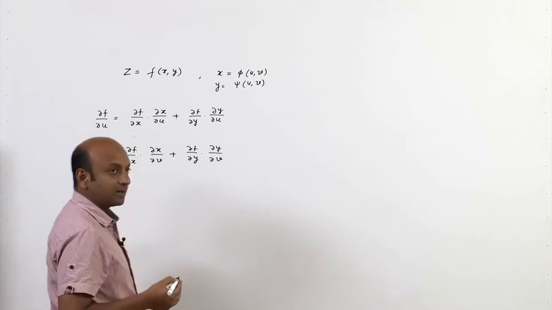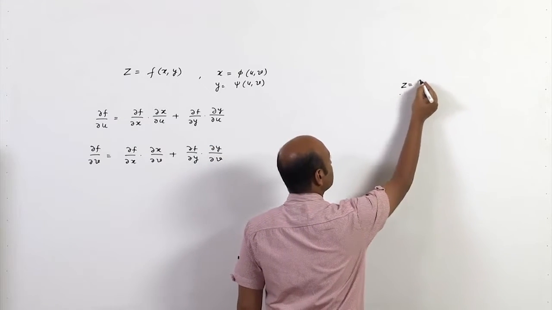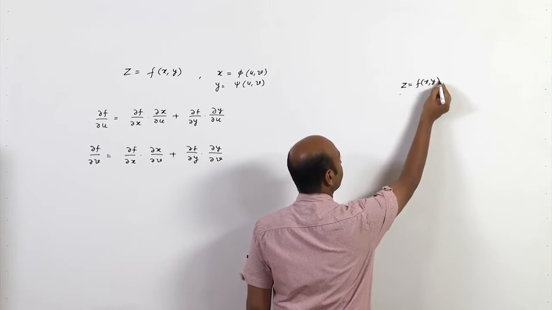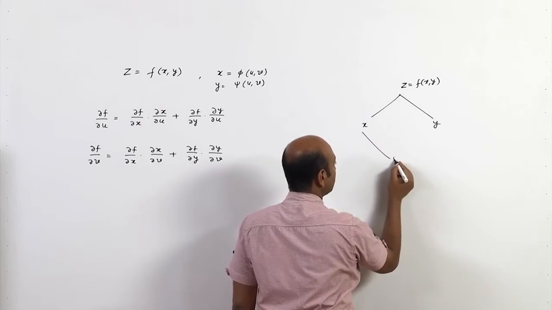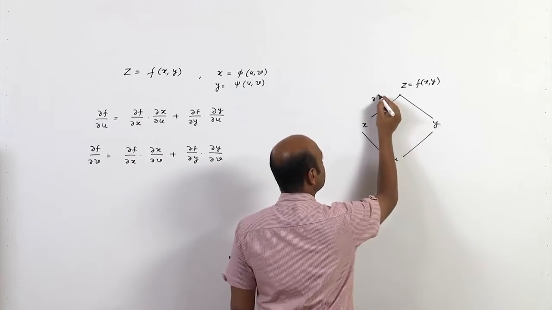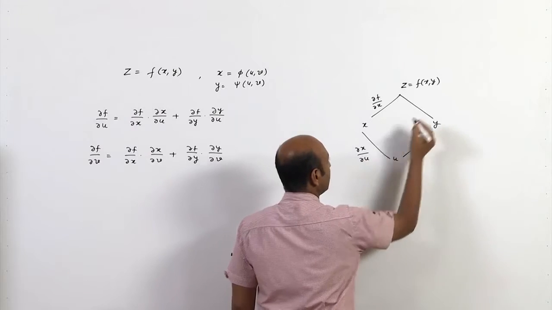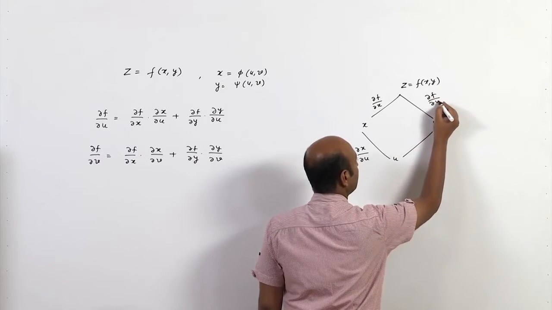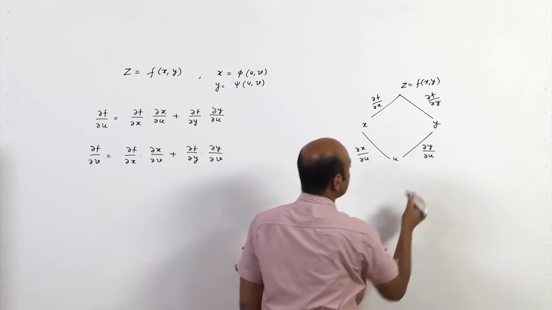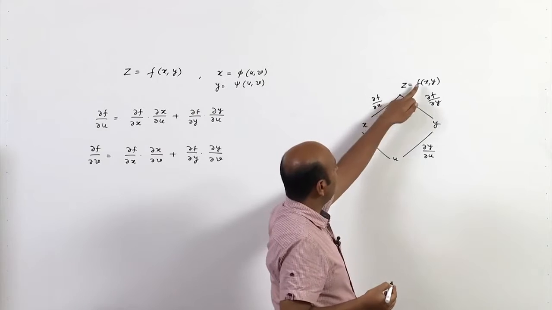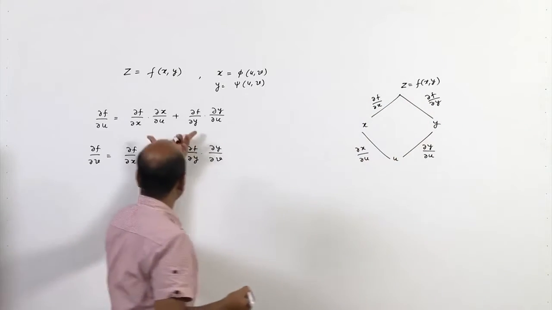We can also understand this by a tree diagram, as I already discussed. z is a function of x and y, and x and y both are functions of u. So it is del f by del x, del x by del u, and del f by del y, del y by del u. So del f by del u will be this into this plus this into this, which is this term.